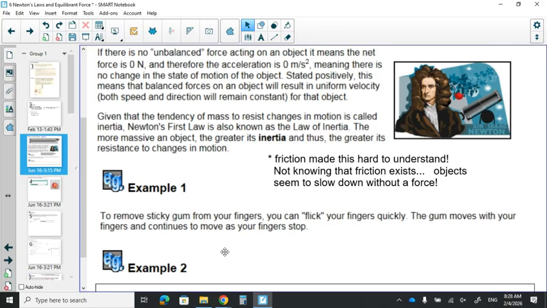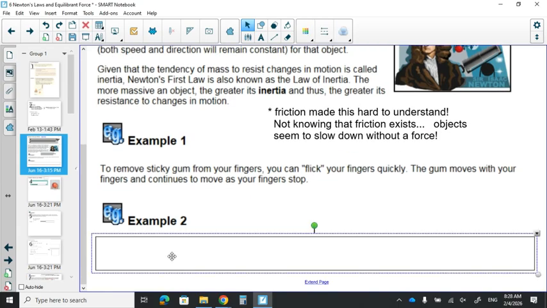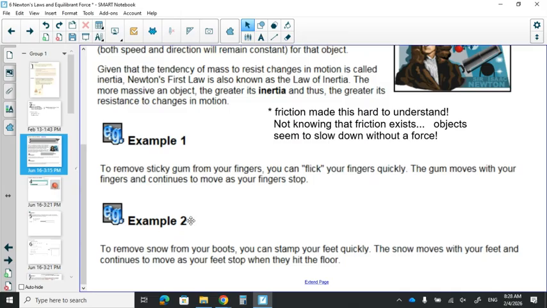If you want to get something sticky off your fingers, like gum, you can flick your finger, and basically your finger moves and then stops really quickly, and whatever's stuck to your finger continues in the motion that it had. Getting snow off your boots, why does stomping your feet work?